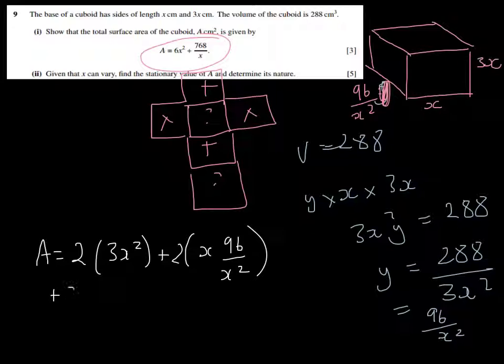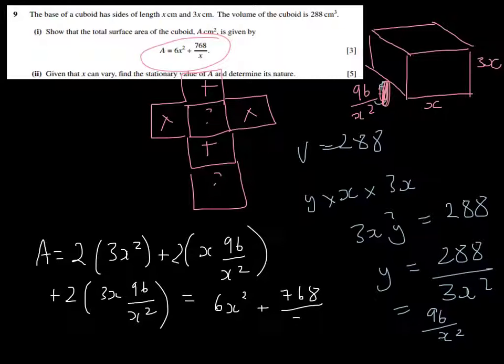And it's also going to be 2 lots of 3x times 96 over x squared. And when you go through and simplify all that, you get 6x squared plus 768 over x. Okay, and then for part 2, we have to find the stationary value of A and determine its nature.